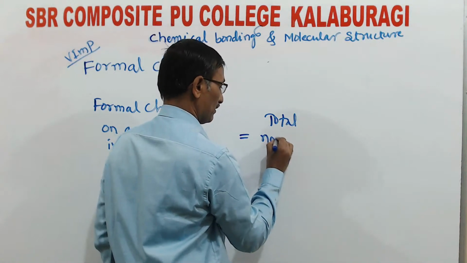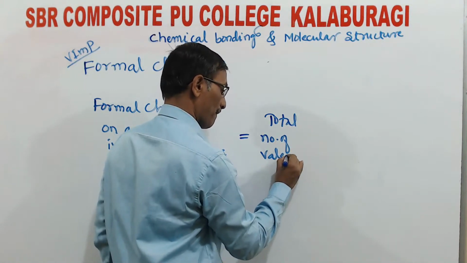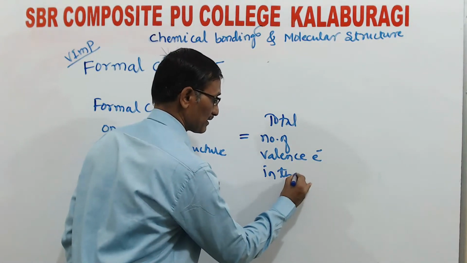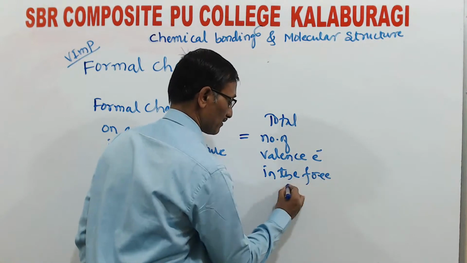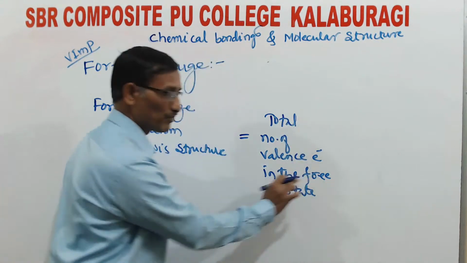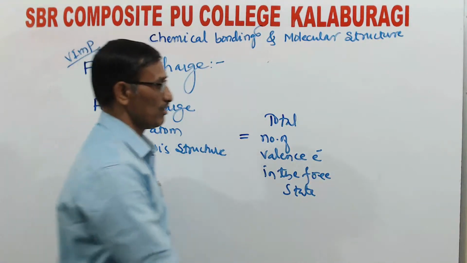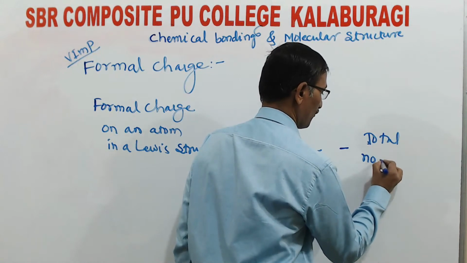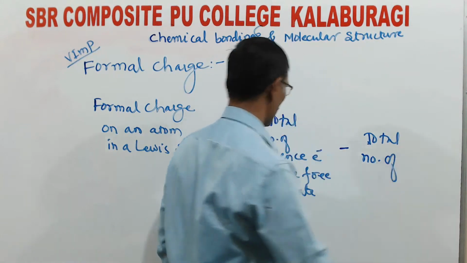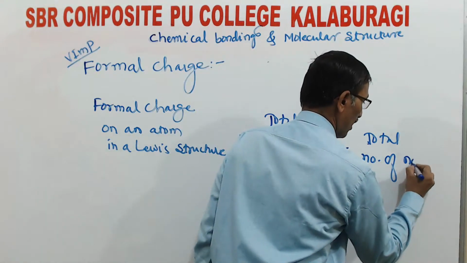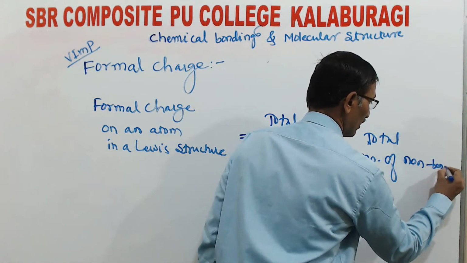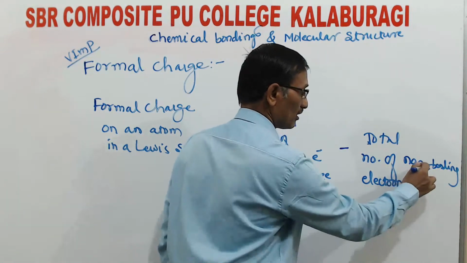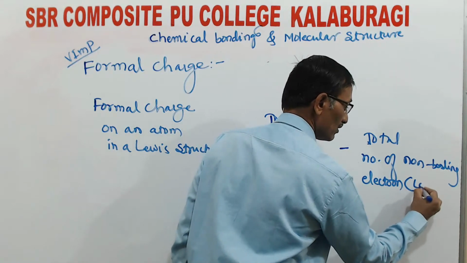total number of valency electrons in the free state minus total number of non-bonding electrons. These are known as lone pairs, as you know already.